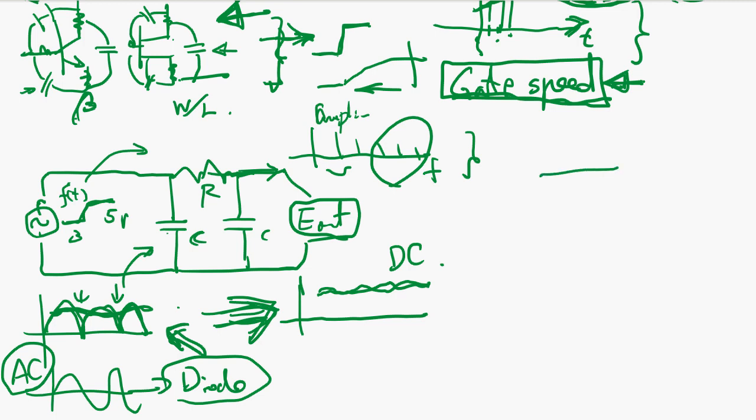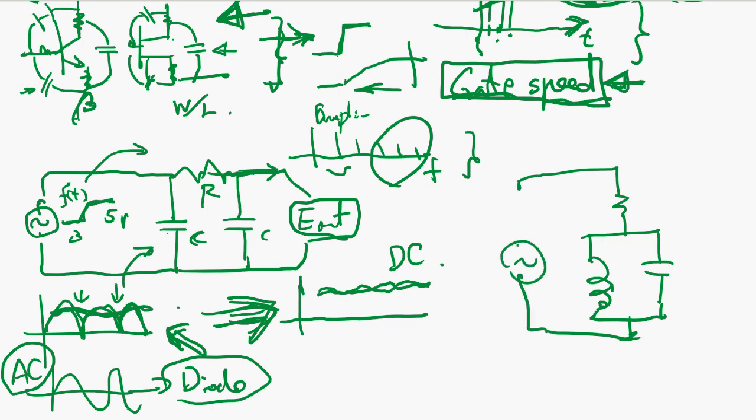And now, for example, this kind of circuit, C and L and R, has the peak impedance, because L goes big when frequency increases, but C goes low when frequency decreases.